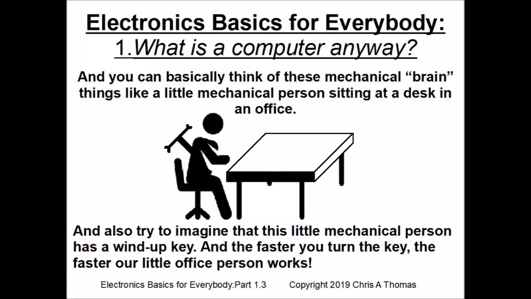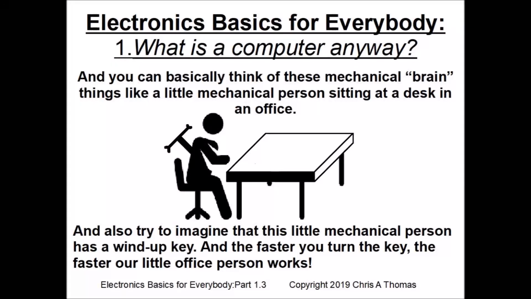You can basically think of a computer as this little mechanical brain, which is like a little mechanical person who is sitting at a desk in an office. And if you can also imagine, this little mechanical person has a wind-up key.